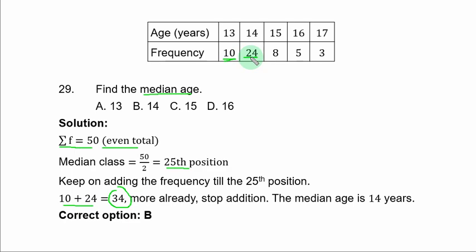So the median age is 14 years. B is the correct option. 25 cannot be accommodated in the first class, but if you add 10 to 24, 25 can be seen in this place. Hence, the median age is 14. Option B.